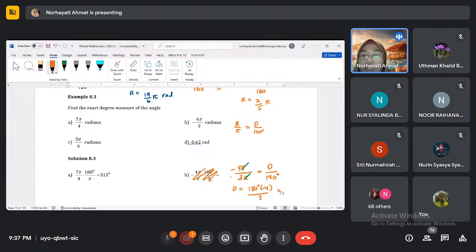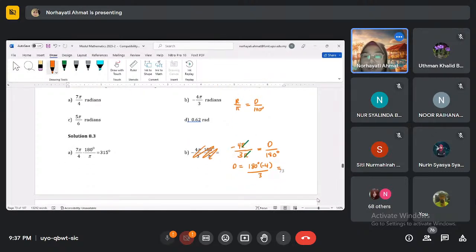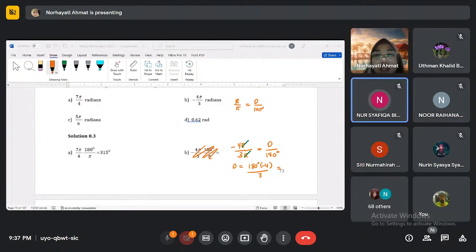Kalau guna calculator, what do you get? By using calculator, the angle in degree is... Berapa? Good, 240. Okay, Syafiqah, bagus.